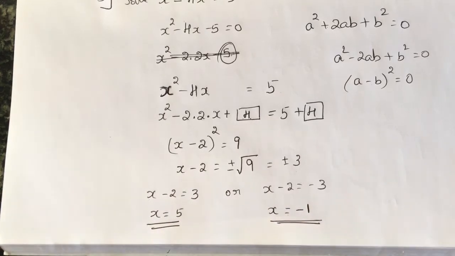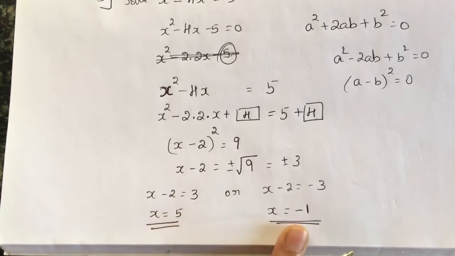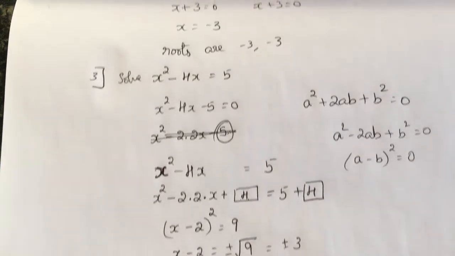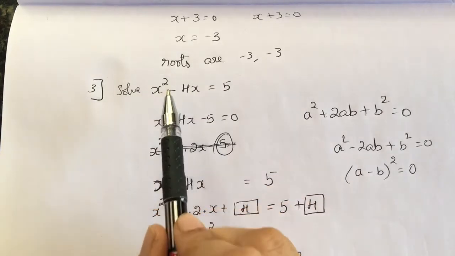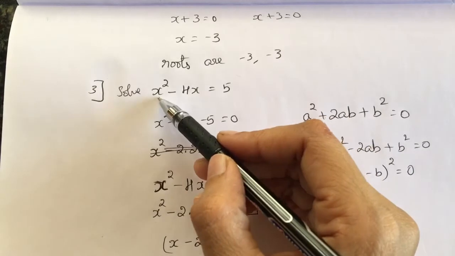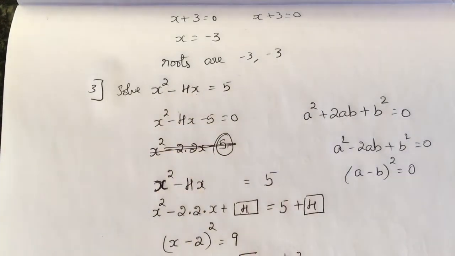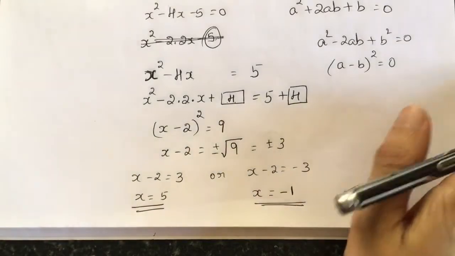Of course, even here, once you get the roots, in any method you use, please cross check by putting them in the left hand side of the equation. Just put x equal to 5, it's 25 minus 20, it's equal to 5. So your answers are correct. You check with both the answers.